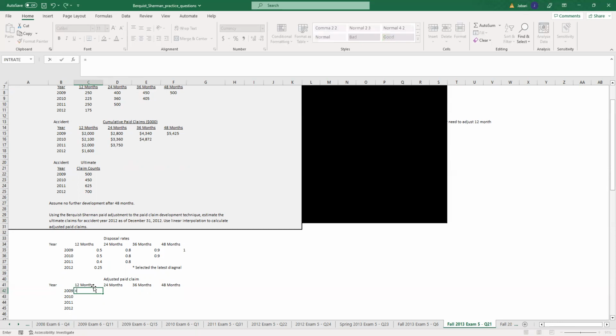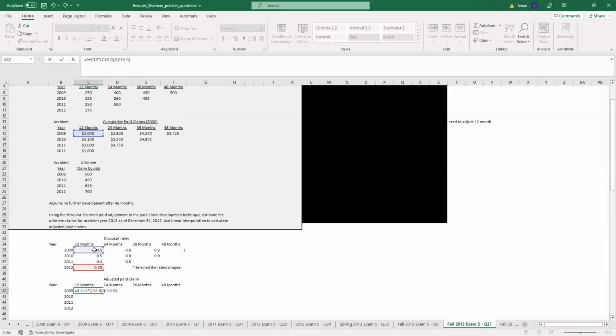So for this formula, because the disposal rate is higher, we want to use linear interpolation between the past rate, which is 0, and the current amount. And then we'll multiply that by the disposal rate. Disposal rate is always on top in this equation: disposal rate minus something, which in this case is 0, divided by, and the bottom is always going to have our actual disposal rate minus whatever that new one is.